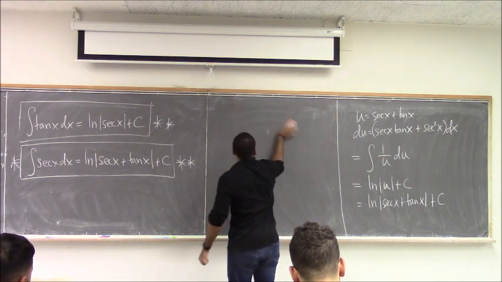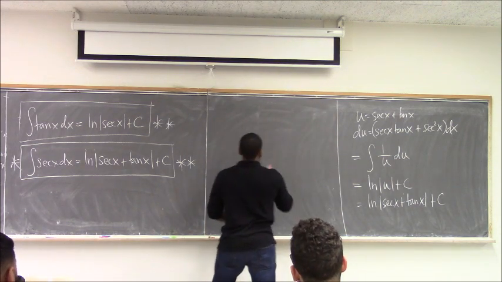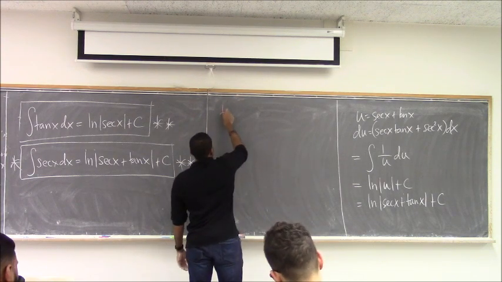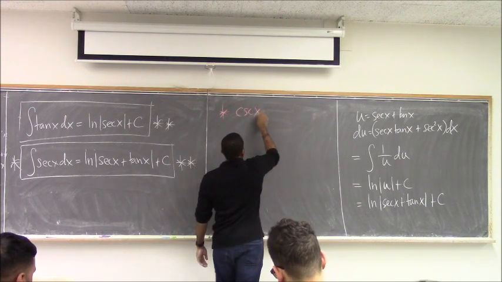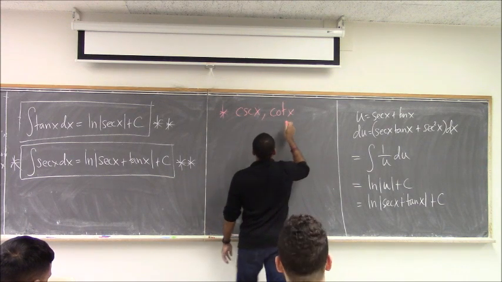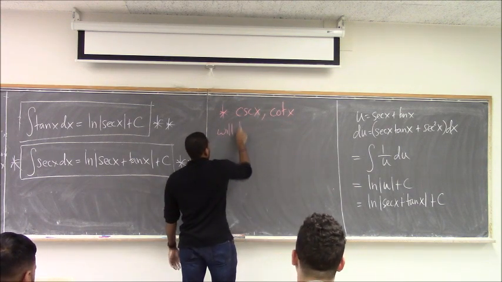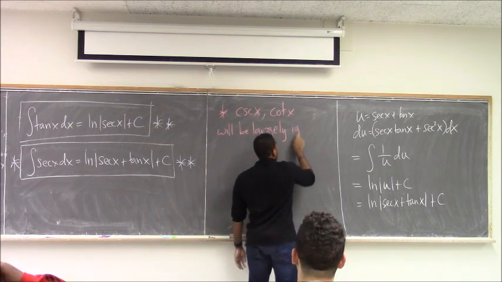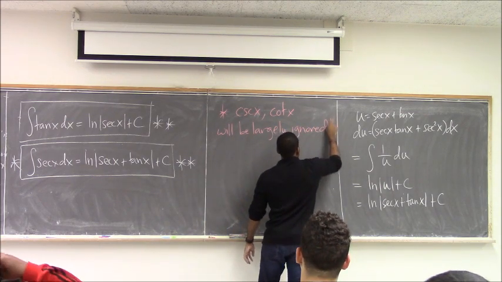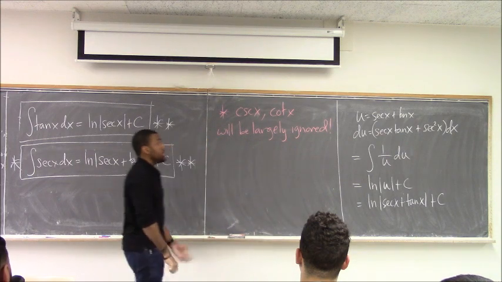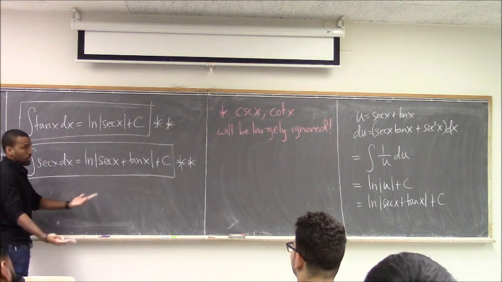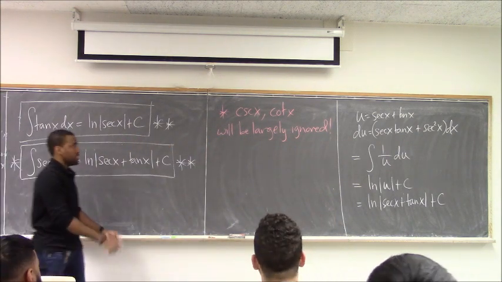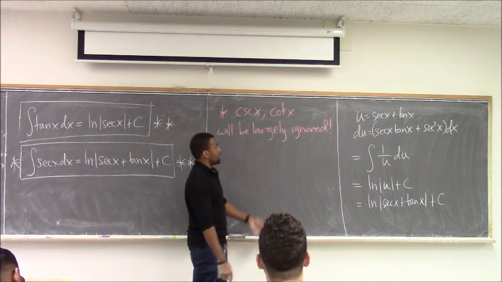Moving forward, the cosecant and the cotangent functions will be largely ignored. Of course, you need to know some basic idea of how these behave. Like, you should know that cosecant is 1 over sine, and cotangent is 1 over tangent, or cosine over sine.